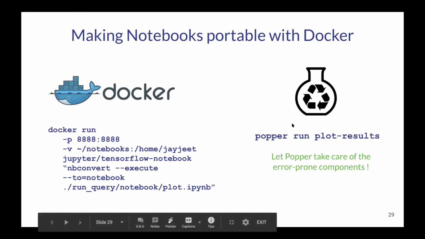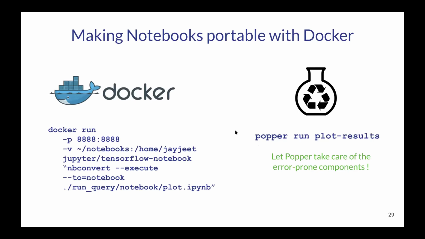So with Popper, we can put all these commands inside a workflow and boil it down to a simple plot-results step. On doing popper run plot, it will run the notebook, read the results from the JSON files that were generated while running the experiments inside the workspace, and plot the results.